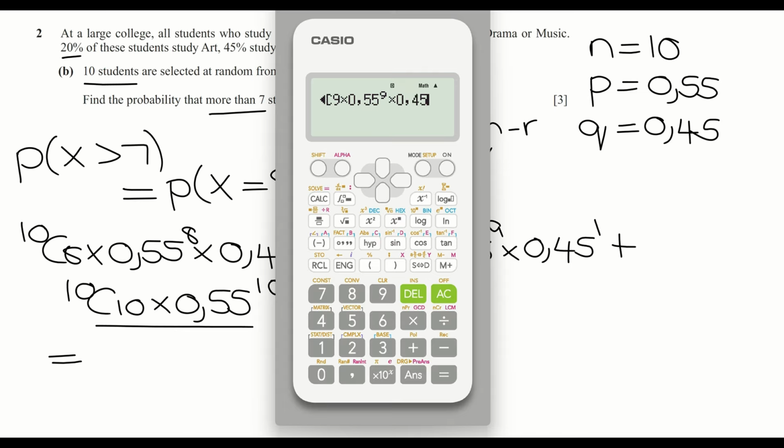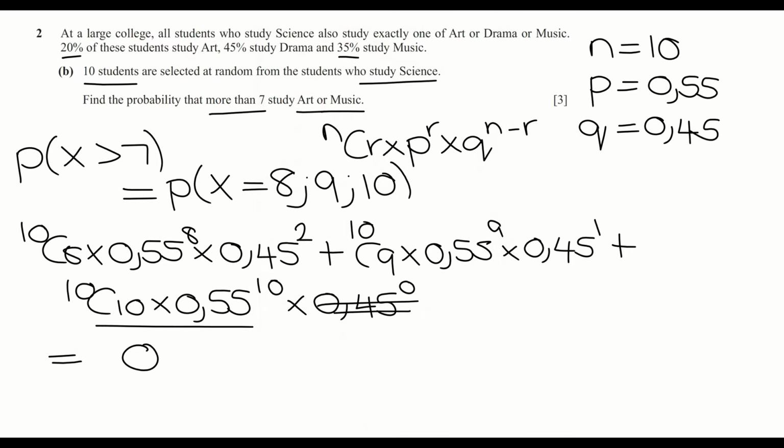You don't need to write this down. Plus 10C10 multiplied by 0.55 with an exponent of 10 is equal to 0.09955. Round off to 3 significant figures and we get 0.0996. And this is our answer.